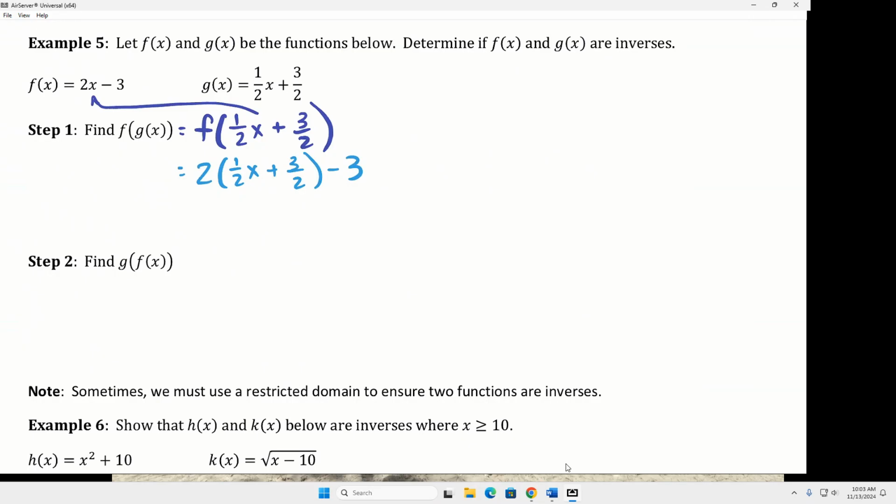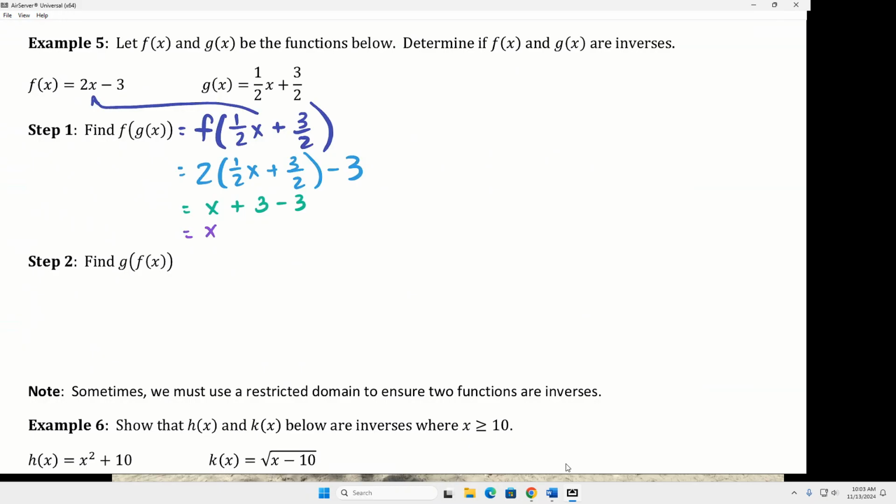So if we were following the order of operations, would we multiply by this 2 first, or should we try to subtract 3 first? Multiply by the 2. So distribute the 2. So 2 times 1/2 x is just x. 2 times 3/2 is 3. And then subtract the 3's. And you are left with x, which is what we needed. If they're inverses, that's going to happen.